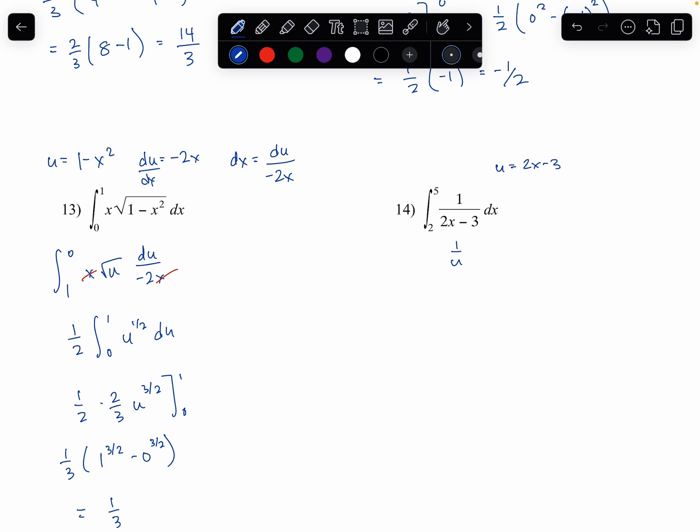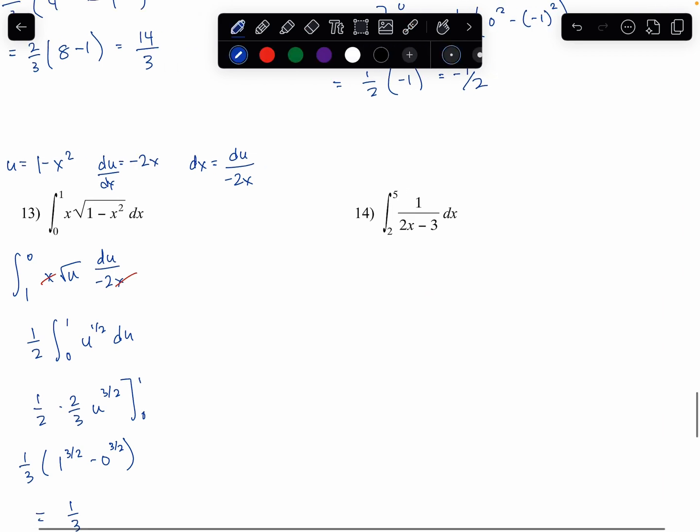That will change this to be 1 over u, and that's an easy antiderivative. So you can go through the whole process of using this u substitution, but because I see that this is the same as 1 over x, but the function of x is 2x minus 3 rather than x, which just means that it has a simple chain rule of 2 that you'll have to account for when you use the antiderivative.